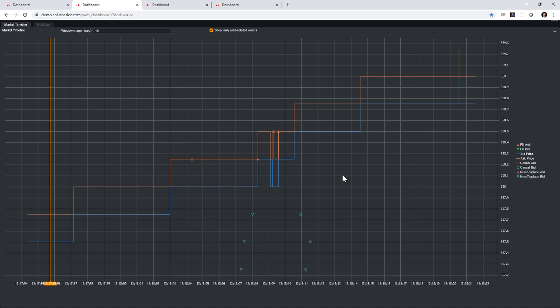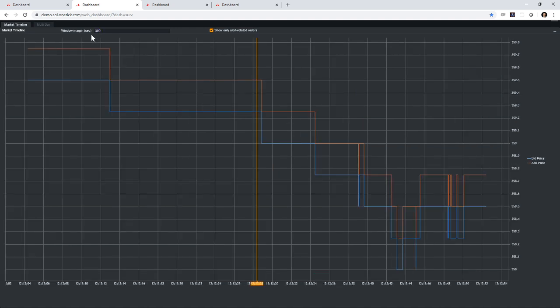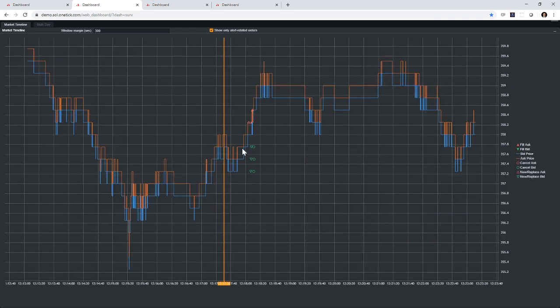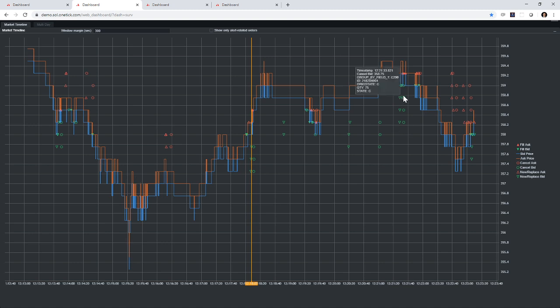What we also let you do is to look around this alert at a longer time period, for example 5 minutes before and after, to see if this type of behavior has been occurring. And indeed you can see that this pattern, where orders are layered on one side and then there is execution on the opposite side, and then there are orders layered on the other side with the execution again on the opposite side, is repeating a few times within this 10-minute window.